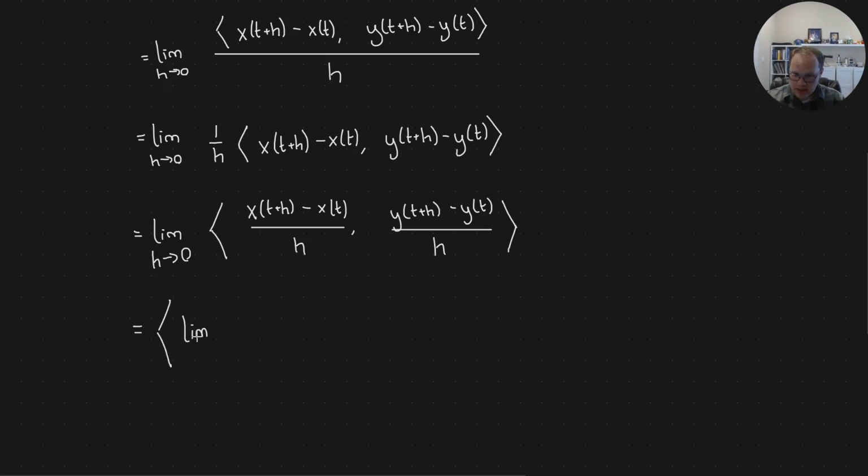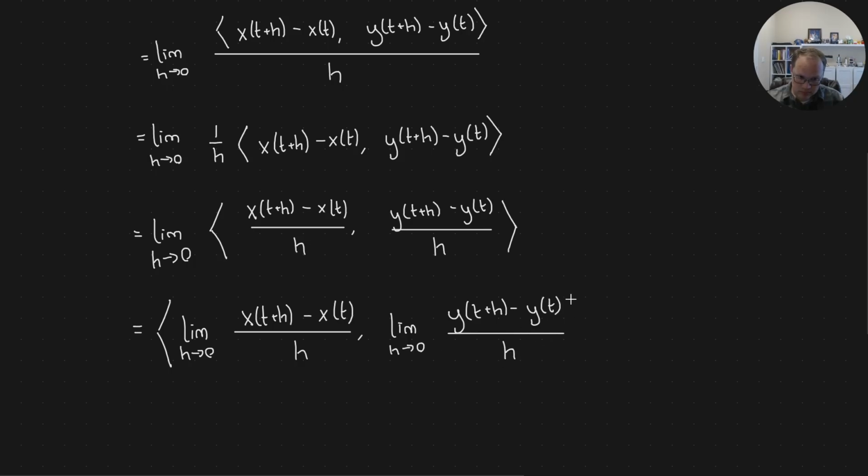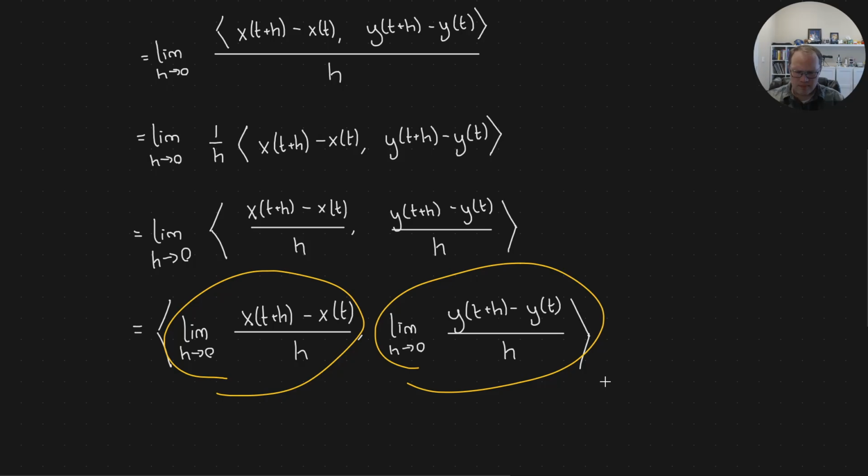So the limit as h approaches 0 of x of t plus h minus x of t over h, and for the second component, the limit as h approaches 0 of y of t plus h minus y of t over h. Now these two look familiar.